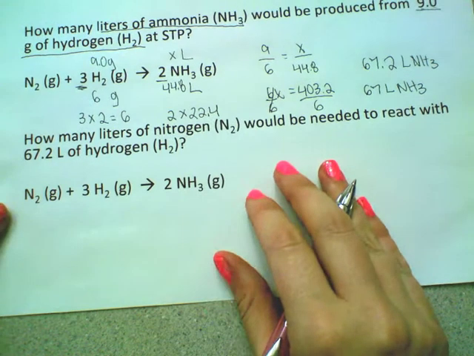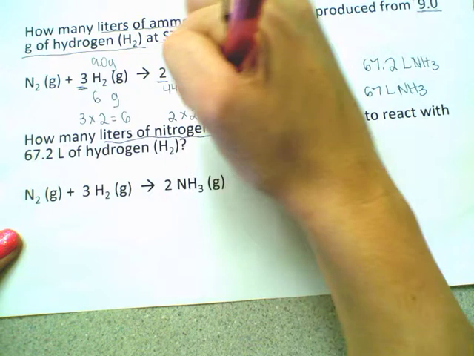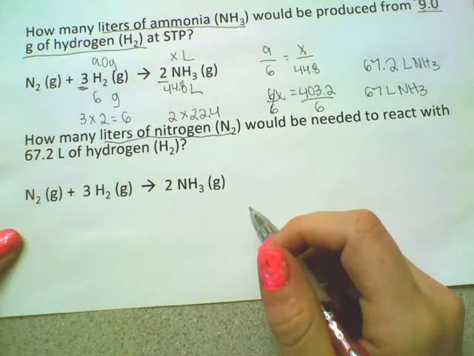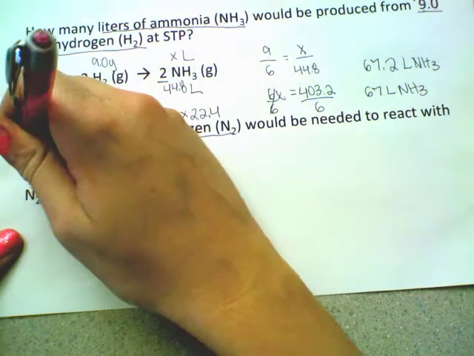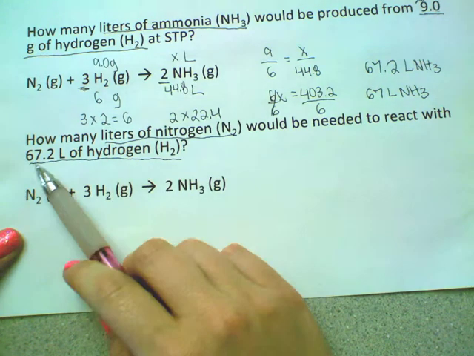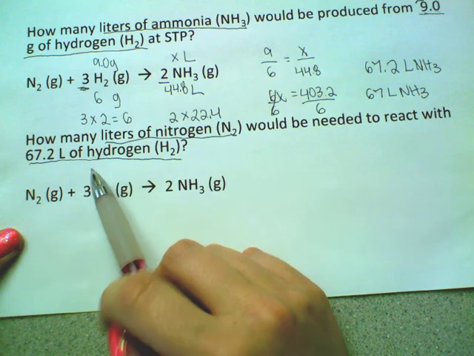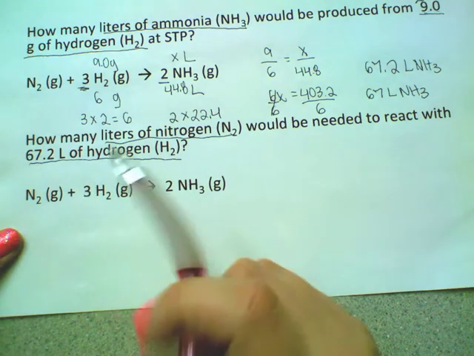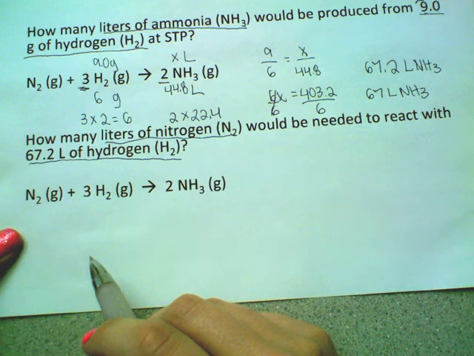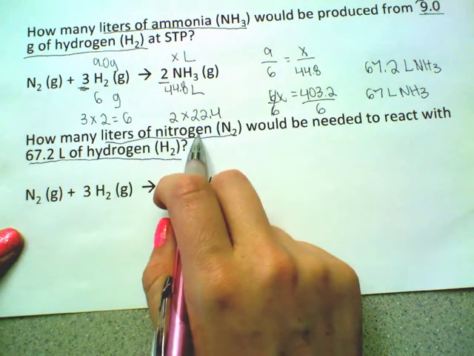Okay, next example. How many liters of nitrogen, that's what I'm looking for, would be needed to react with 67.2 liters of hydrogen? Again, we're just looking for the number in the question because that's going to have units attached. Then it will say how many, how much, something to that effect. So we're looking for liters of nitrogen.